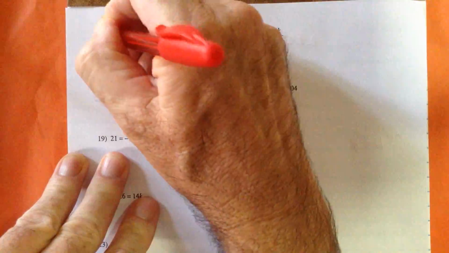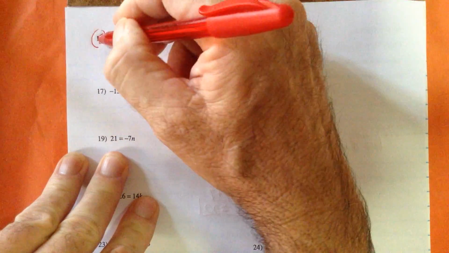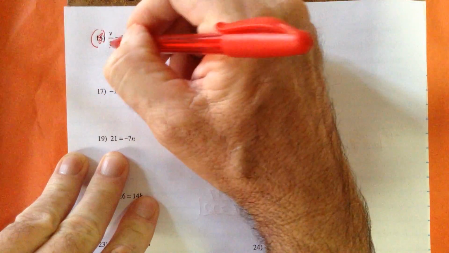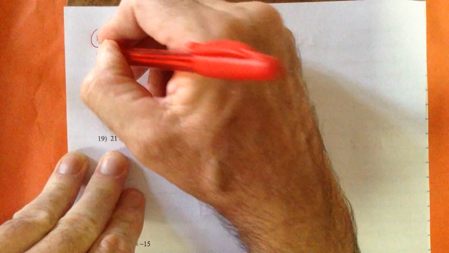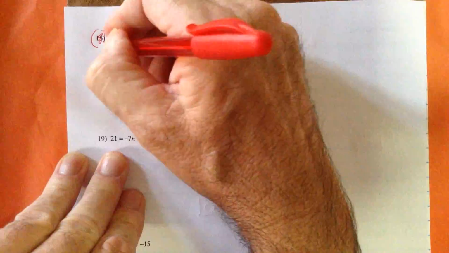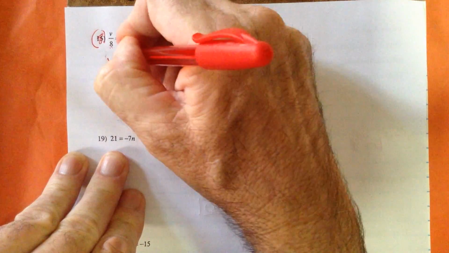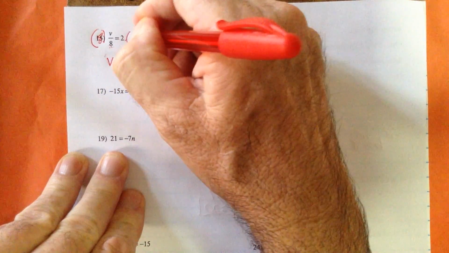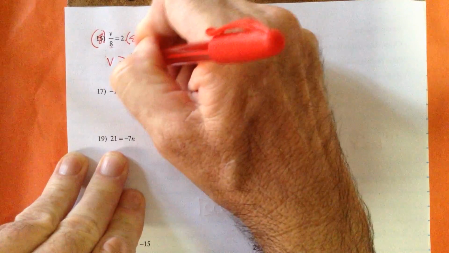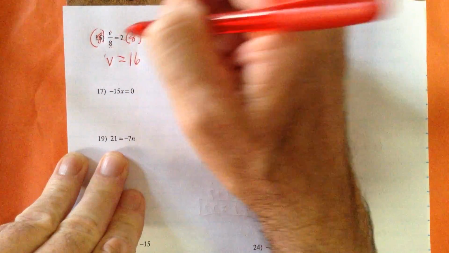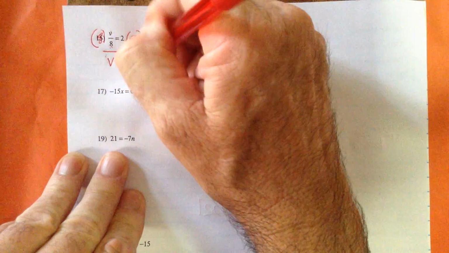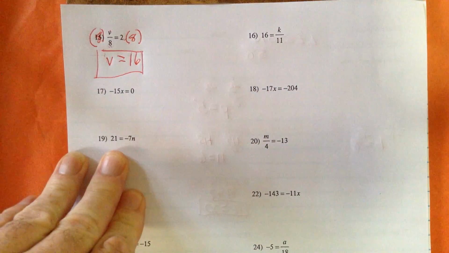So if I go times 8 on this side, 8 divided by 8 is 1, or 1v, which is just the v, so those cancel each other out. Over here I would have to go 2 times 8, which is 16. So v is 16, and 16 divided by 8 will equal 2. Yeah, we did it right. That would be the answer.